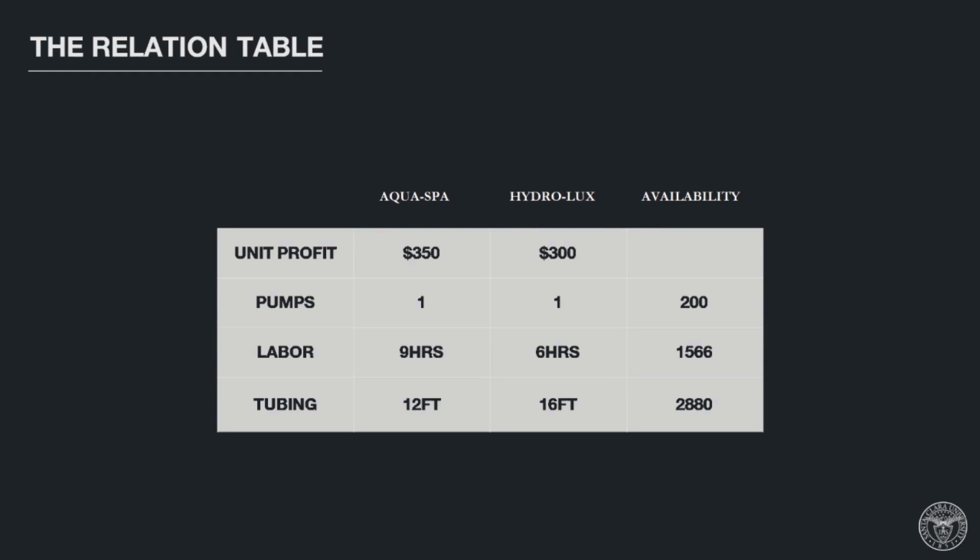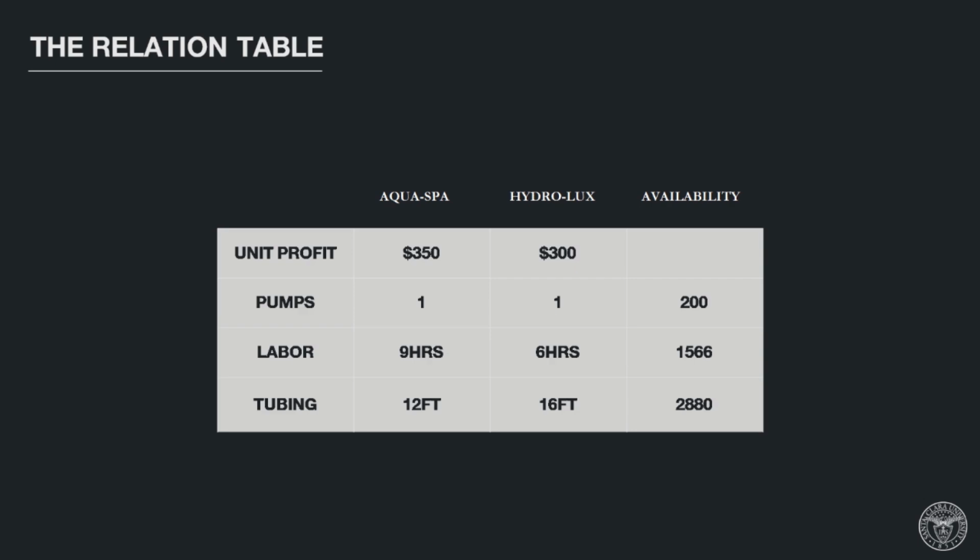As shown below, in the relation table, we have Aqua Spa and Hydro Lux. At the same time, we have the information about the pumps, labor, and tubing. The pumps, labor, and tubing, we call them resources for the company. So the relation table actually shows the relationship between the products and the resources the company has.